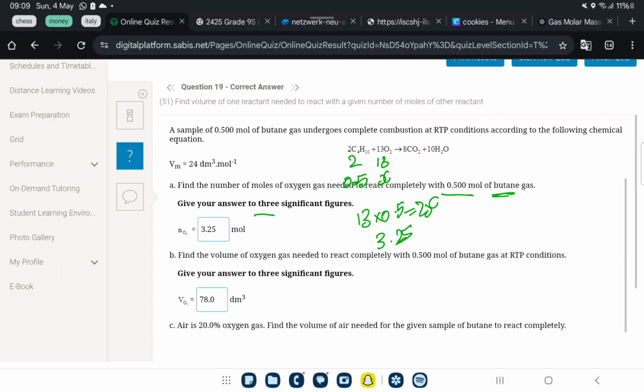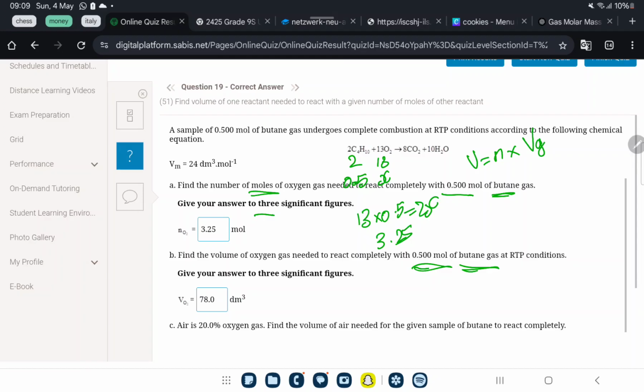Now we want to find the volume of oxygen gas for 0.5 mole of butane gas. We got the moles in part A. To get the volume, V equals n times V gas, or molar volume.